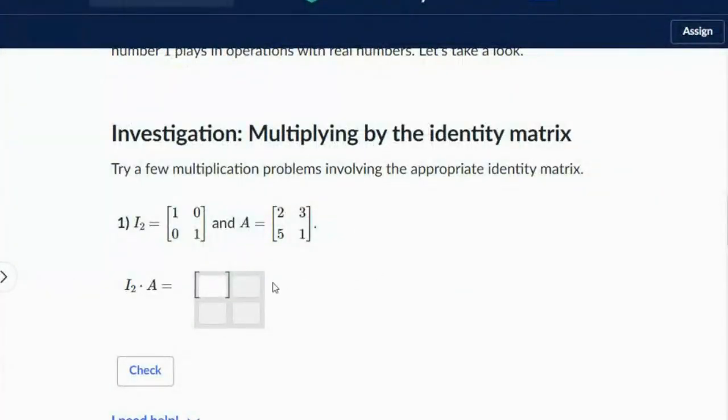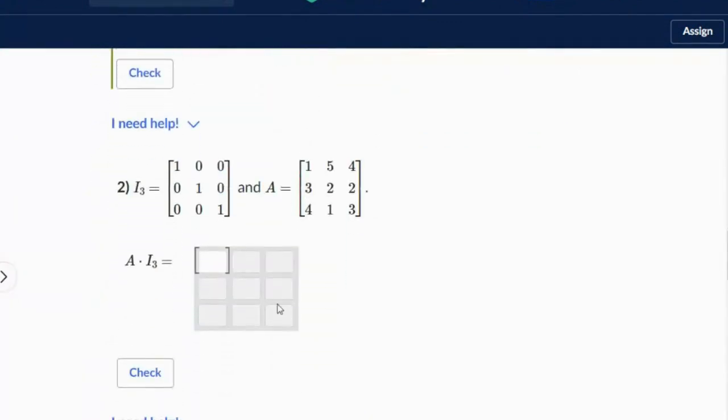Interesting. So if we know this is an identity matrix, then we know it's going to be 2, 3, 5, and 1. Check. Correct. Look, this is an identity matrix, I3, multiplied by that. So we don't even have to do the math. If it's an identity matrix, it's going to end up exactly what it started as. I just copied A because the identity matrix times A is going to equal A. Oh, see, that's a nice shortcut.